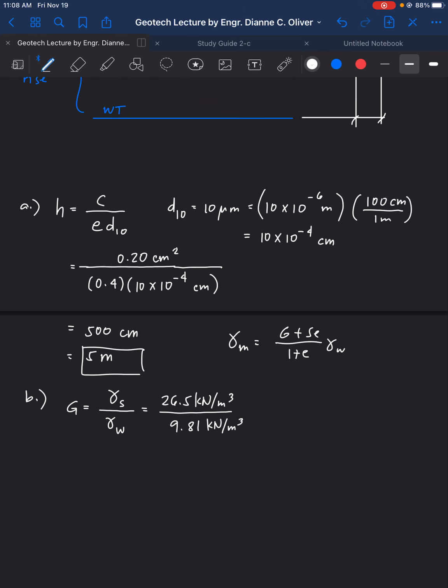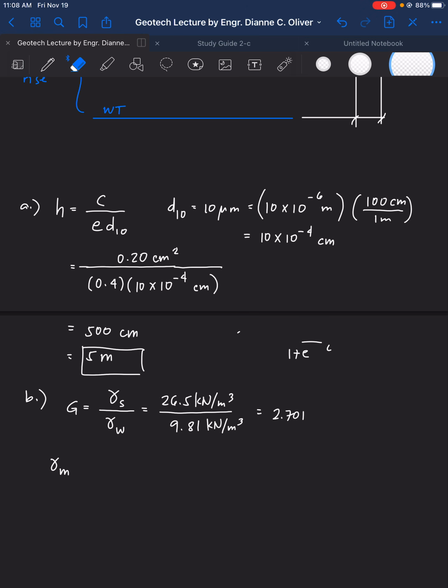So G now is equal to 26.5 divided by 9.81, it is 2.701. So we can now solve for gamma M.